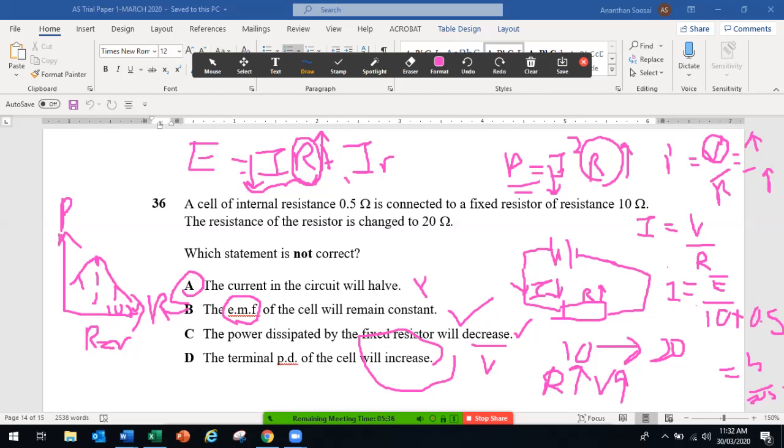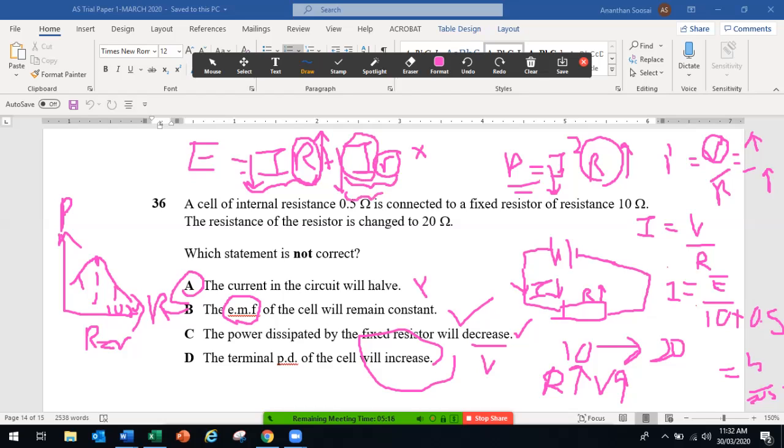You can tell this. R is changing here. Small r never changes, right? But what happened to the I when capital R is increasing? I falls, it gets lower.